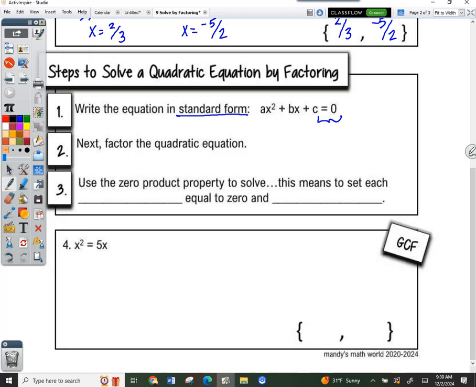Now remember, you could factor just GCF, or it could be the box method, or it could be both. You could have a GCF that needs to come out, and then it could do box method. Okay? Then you're going to use the zero product property to solve. This means you set each factor equal to 0 and solve.